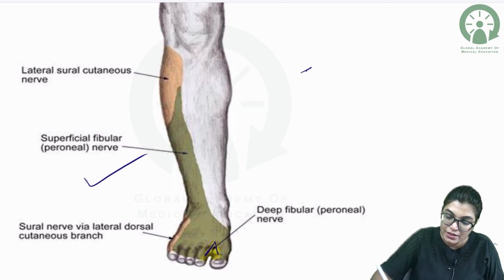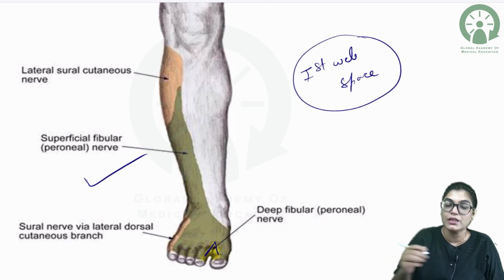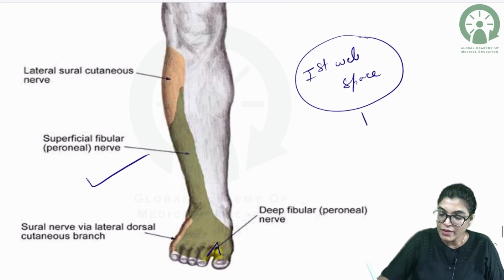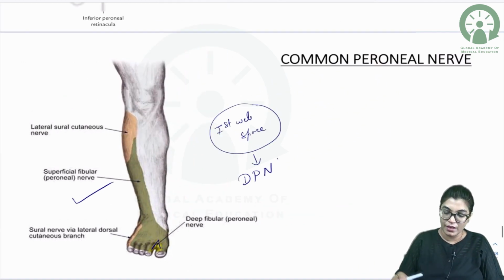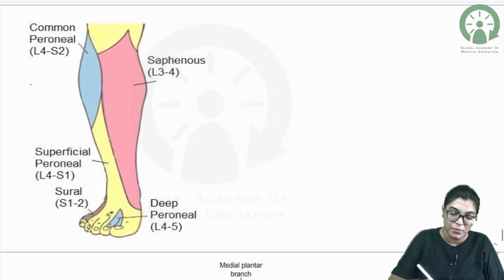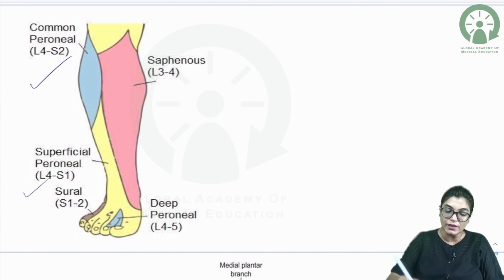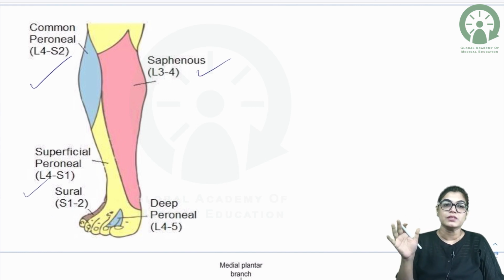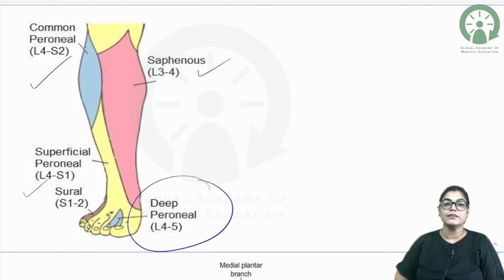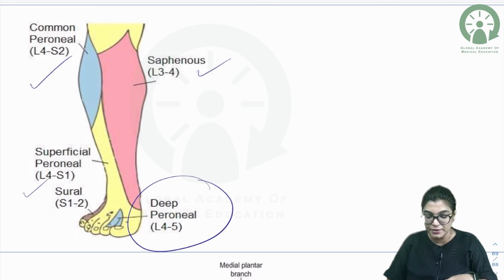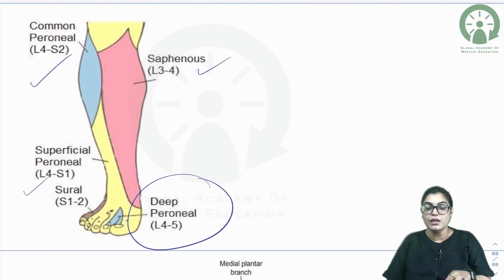You can see the first web space, the interdigital cleft between the great toe and the adjacent toe, where the cutaneous distribution is by the deep peroneal nerve. Now, the same thing has been shown: common peroneal nerve area of distribution, cutaneous distribution, superficial peroneal nerve. The saphenous nerve will be on the medial side of the leg and will go towards the great toe. Deep peroneal nerve in the interdigital cleft. Sural nerve is going towards the lateral edge of the leg, the lateral edge of the foot.